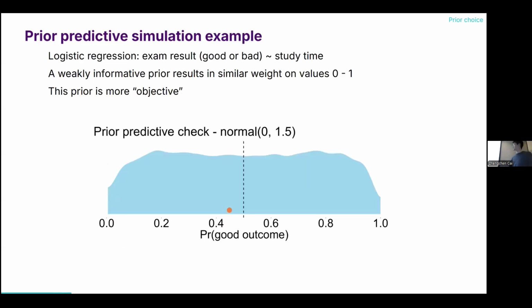But if you choose a weakly informative prior like here, this normal distribution, the probability of good outcome will be a flat distribution. Right? You don't prefer any value within this range.